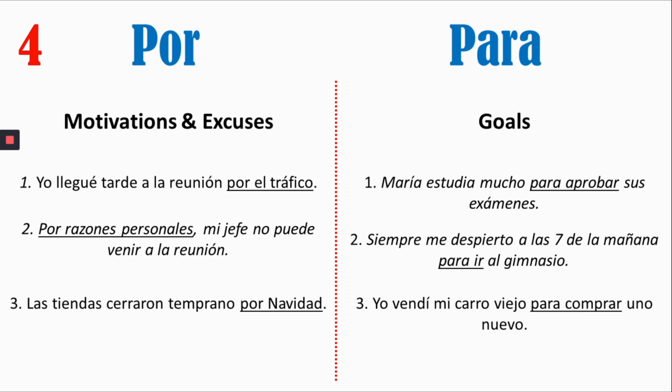No, we will say para ir al gimnasio. And one more example here, número 3. Yo vendí mi carro viejo para comprar uno nuevo. The goal is to buy a new one, a new car, para comprar uno nuevo.